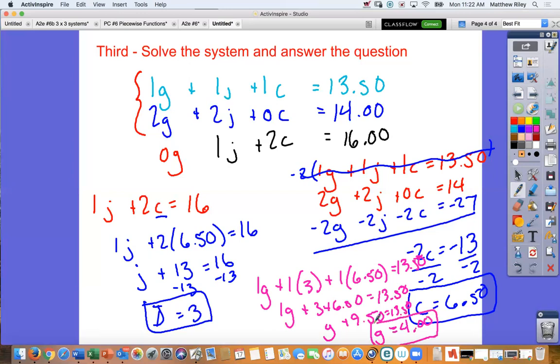Now, we have been writing them as an ordered triple, but I don't want to do that in a real world situation. Instead, I would much rather just answer the question. The question was, how much is it for each pound of candy? So I would say jelly beans cost $3.